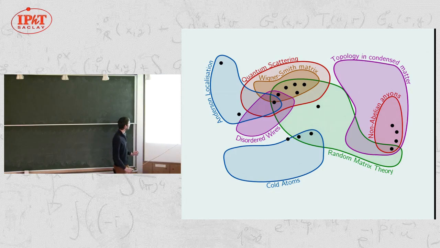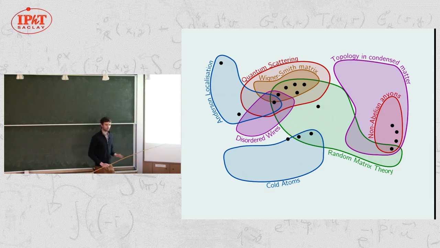So I started my PhD up there in this field of quantum scattering, mostly interested in something which is called the Wigner-Smith matrix. I will discuss a bit about that later. From there I moved to disordered wires, which are models interesting in the field of Anderson localization. And all these works have been done using similar tools in the framework of random matrix theory.